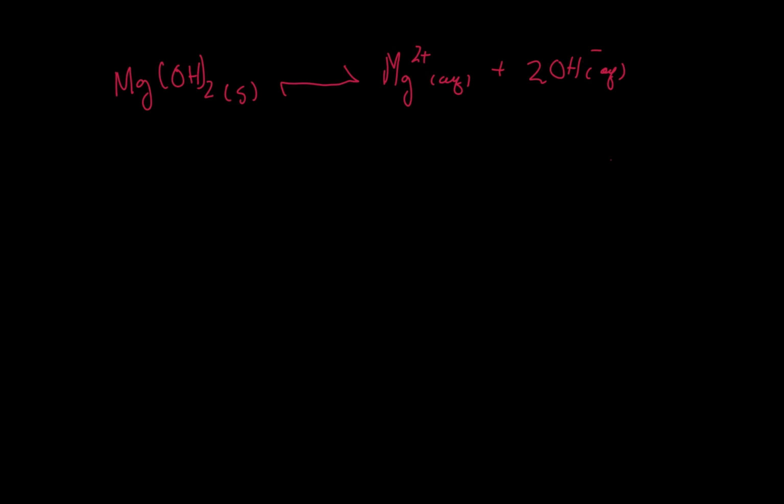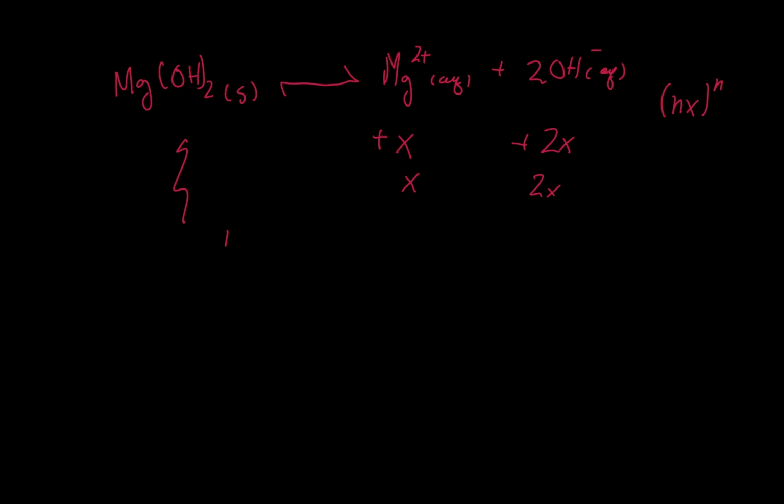Now you remember the last question that we just did, I said to keep in mind that we can abbreviate these, and it saves us a lot of thinking. The stoichiometric coefficient from magnesium hydroxide to magnesium is 1:1, so this is just going to give us X. And this here is 2:1, so this is going to be 2X, which gives us totals of X and 2X in these two cases.